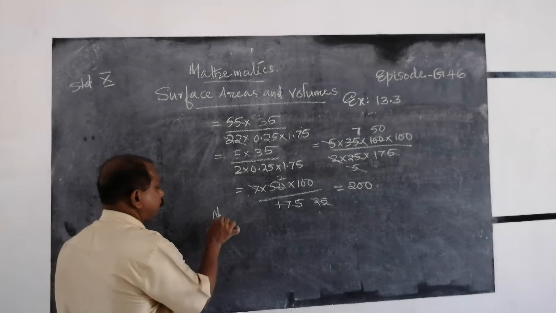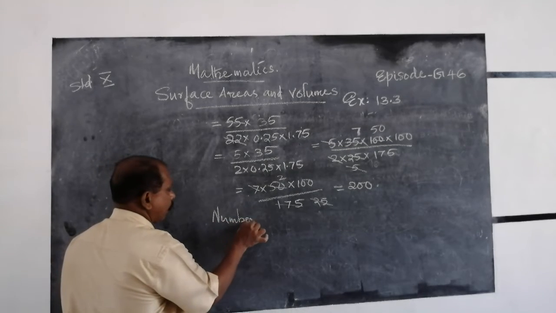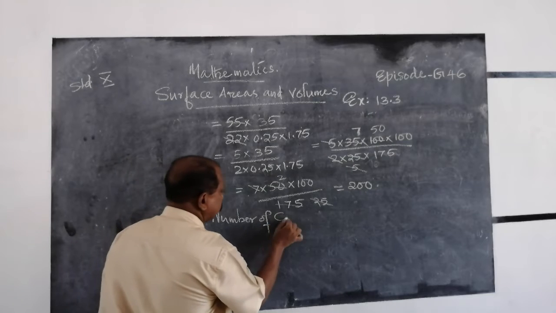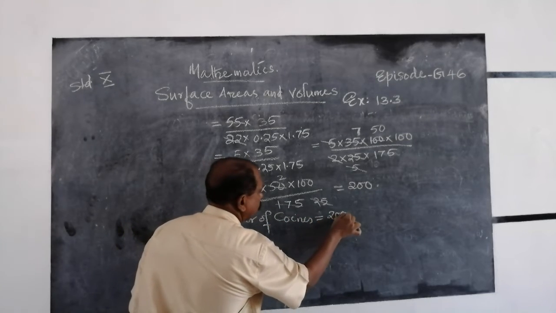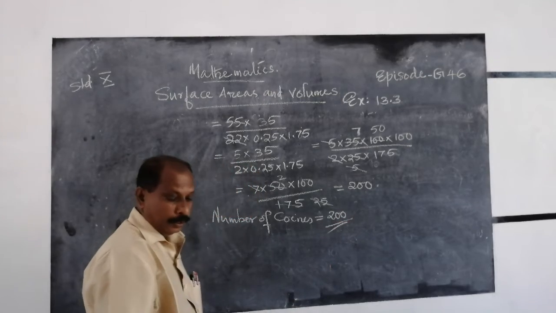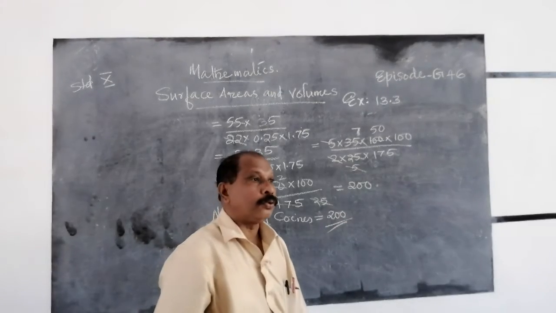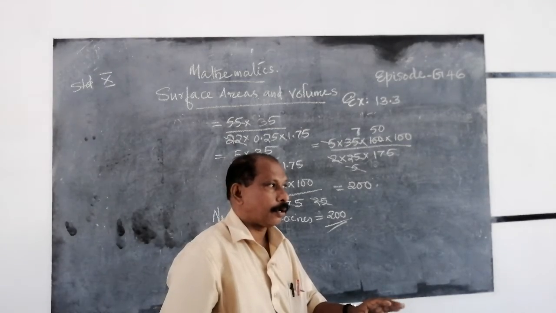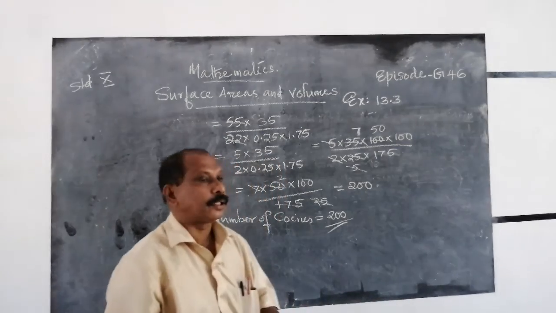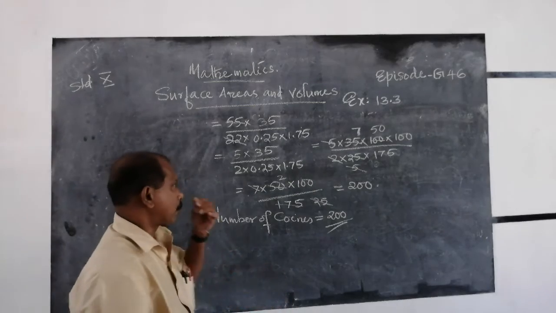Therefore, number of coins is equal to 200. Therefore, 200 coins we use it to construct a figure.